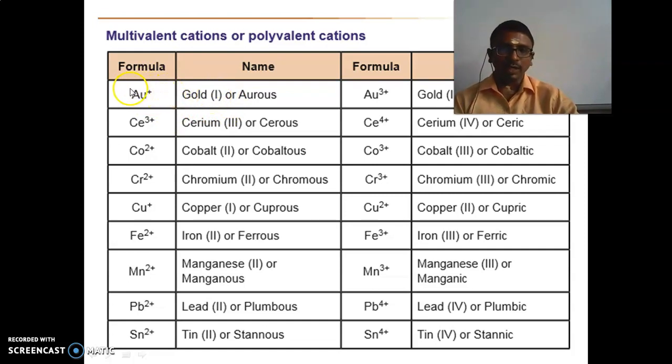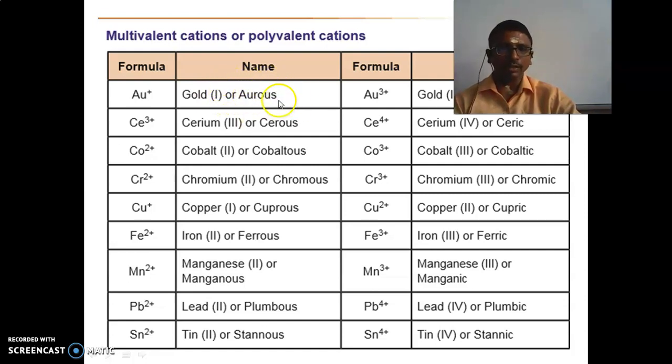So here it has only one valency, so it ends with OUS. That is, we can write gold 1 or aurous. Gold 1 means the valency is 1, so we write it in Roman numerals. That is gold 1 or aurous.